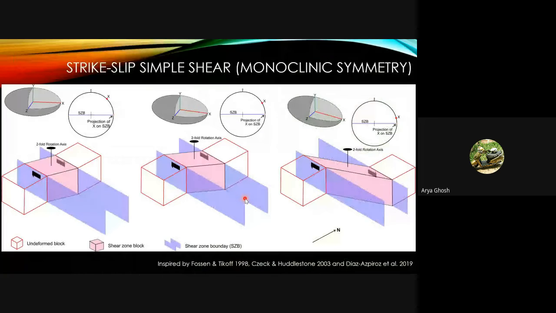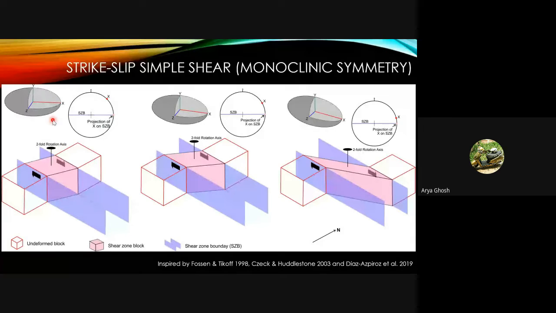Now, I'll explain what this diagram is. I have made this following the work of these authors, which I've mentioned at the bottom. There are three components. This is a progressive deformation case. One is a block diagram that shows the actual movement, and there is a strain ellipsoid that shows the maximum, intermediate, and minimum stretching directions.